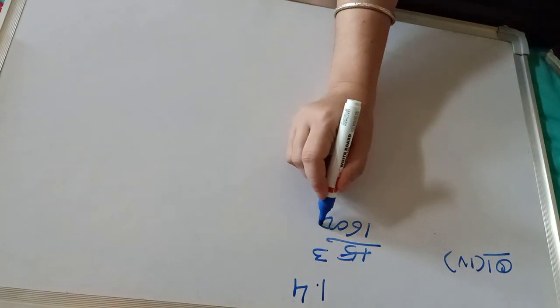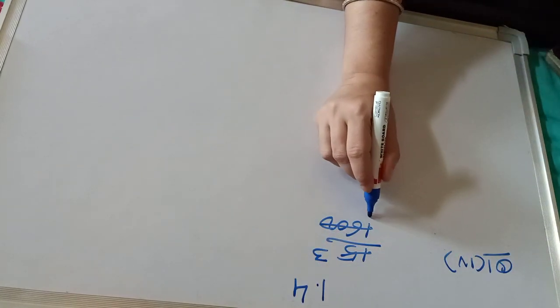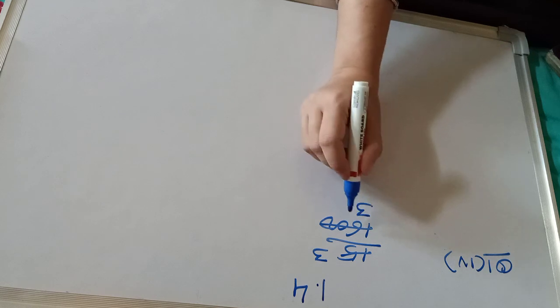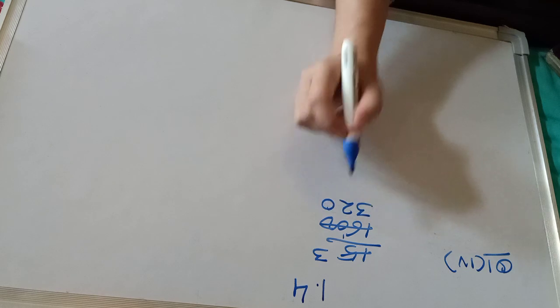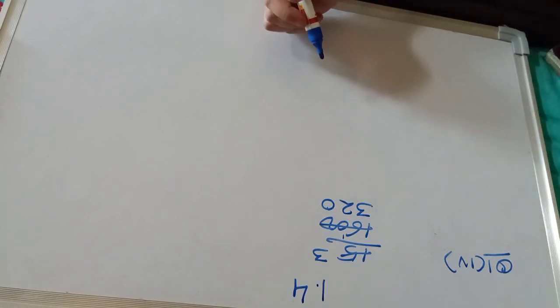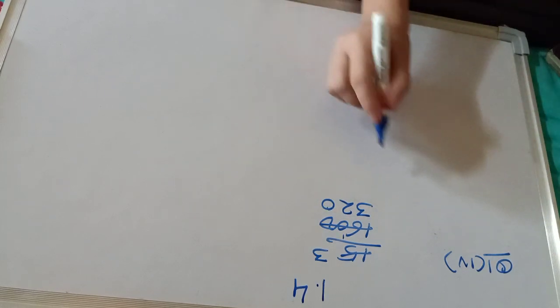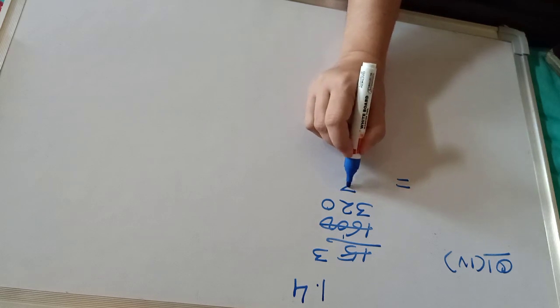So 5 threes are 15, 5 threes are 15, 1. You will carry, 5 twos are, and you will get 3 upon 320. Now 3 upon 320 means you need to check the denominator.